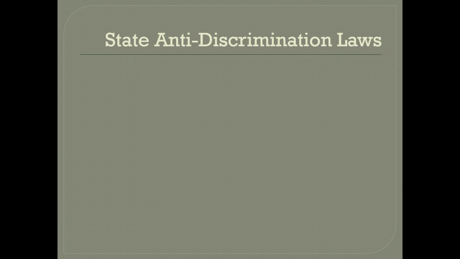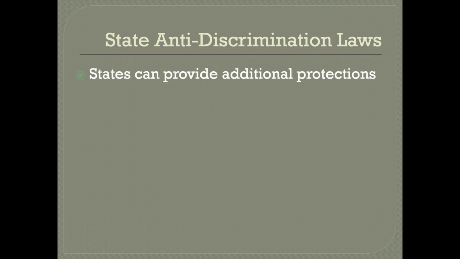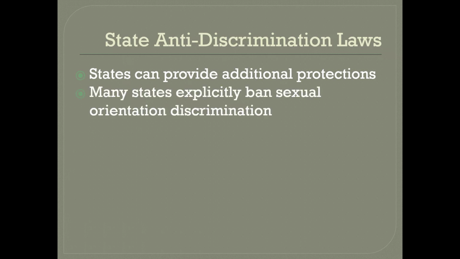And in fact, many states have state anti-discrimination laws that protect groups that are not explicitly protected at the federal level. For example, as we mentioned a few moments ago, there is no federal law that explicitly bans sexual orientation discrimination, but many states have specific laws that do exactly that. And states can add other categories that we haven't even mentioned in any of our lectures here.